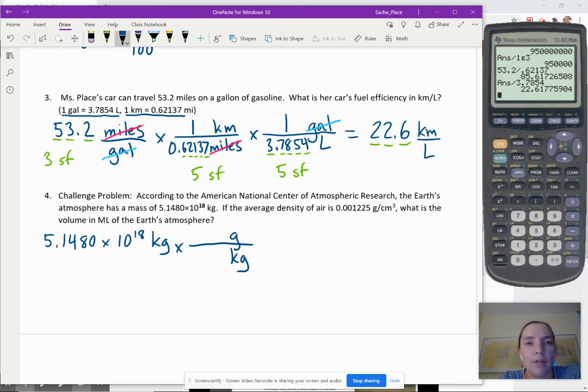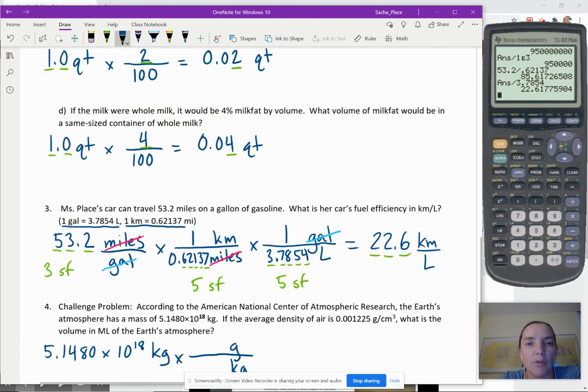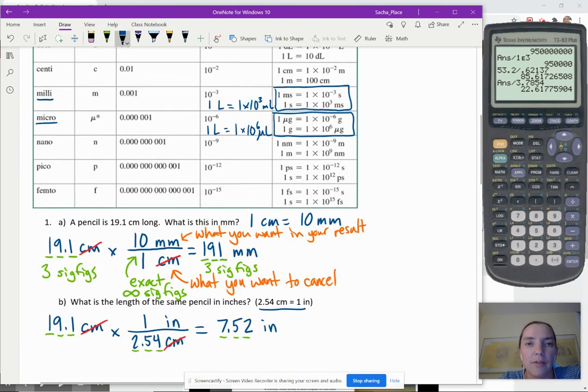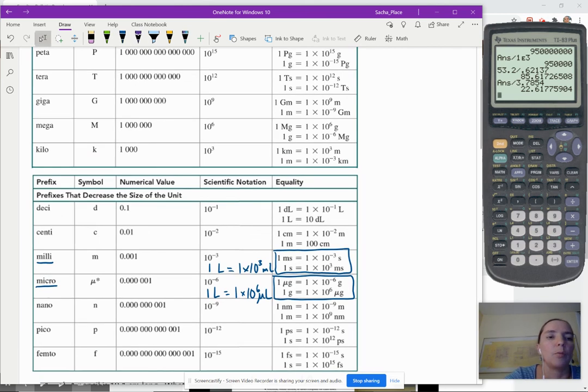And if you don't already know that conversion factor, you might know it from other classes or just from life, but you can go back up here and check on what kilo means, right? We've got kilometers and meters over here, but I could say that 1 kilogram equals 1,000 grams, 1 times 10 to the 3rd grams.